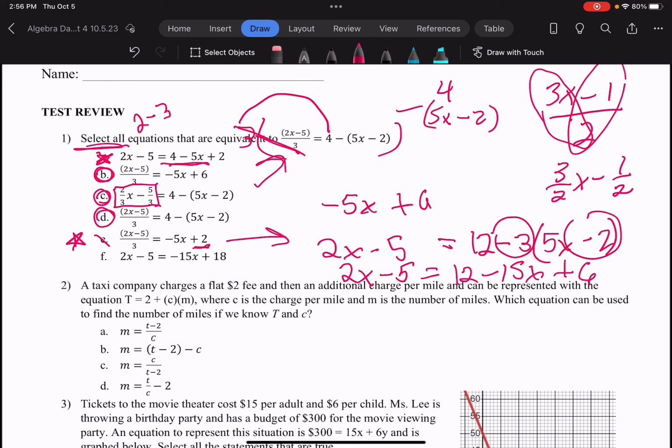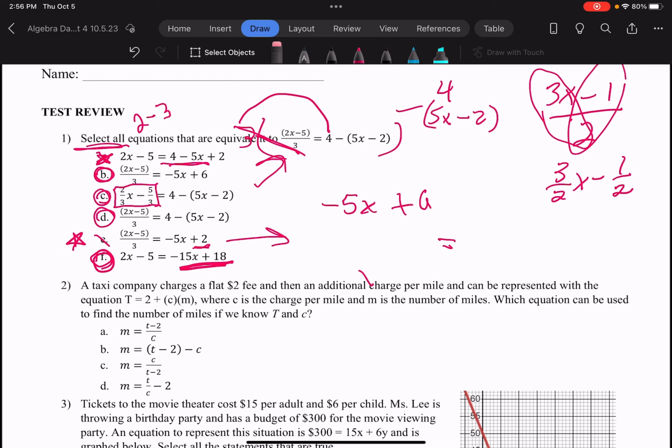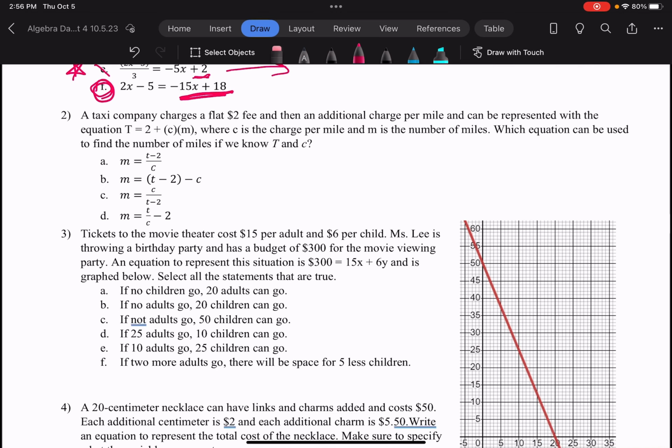It's a negative times a negative. And so that gives us negative 15x plus 18. So this one is also equivalent. And again, what they did is they multiplied the entire thing by 3 to get that 3 out of the denominator. All right. Number 2.